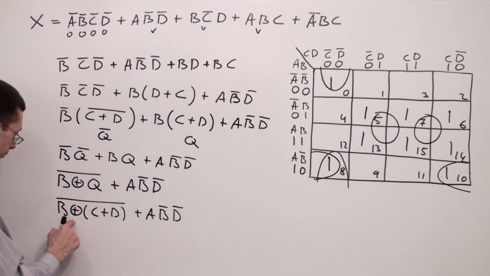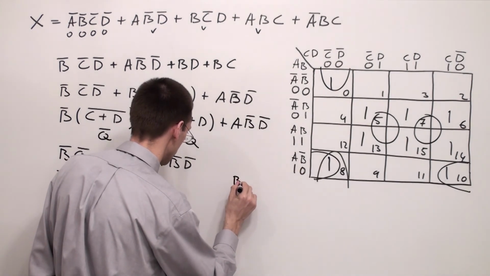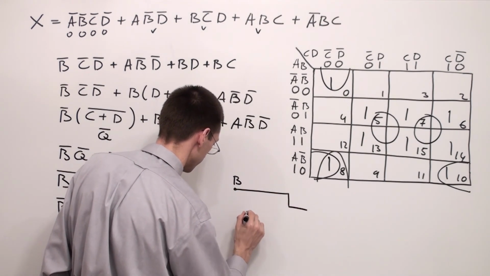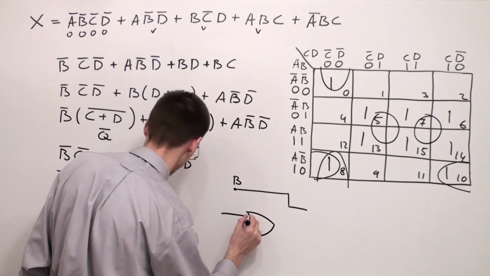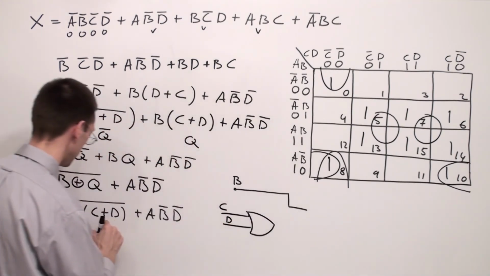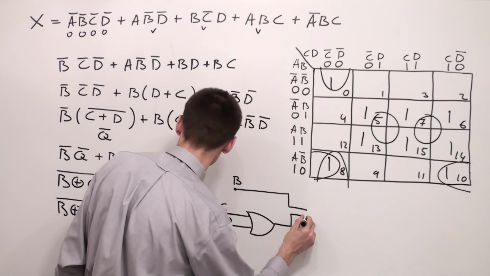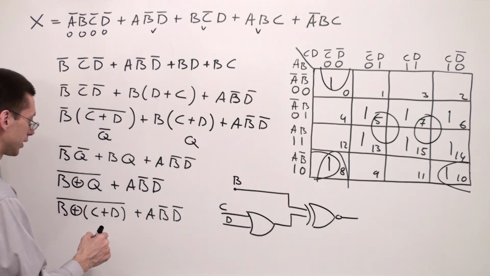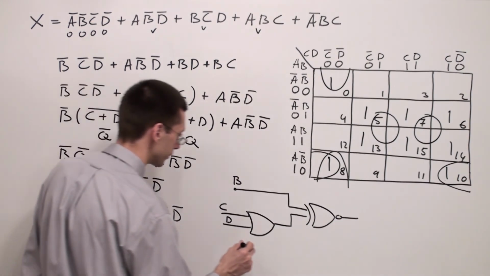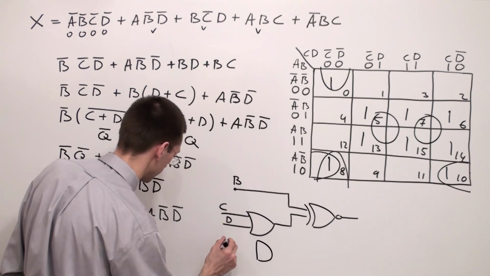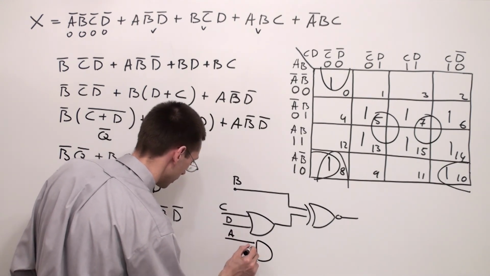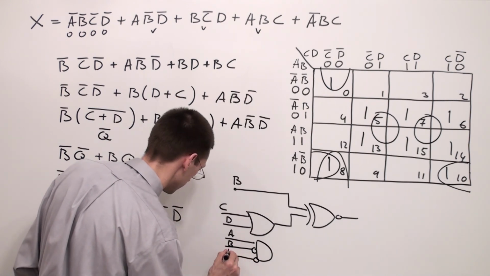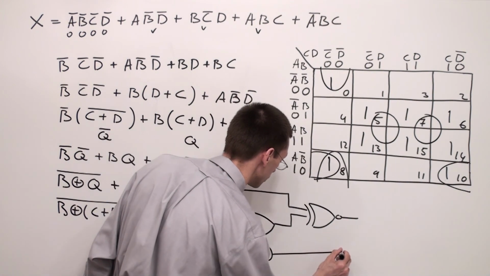So now if you want to implement it, I have B exclusive NOR with an OR gate with inputs C, D, and everything has to be ORed to the 3-input AND gate with the inputs A, and I have inverters on input B and input D. Everything is supposed to be ORed together.